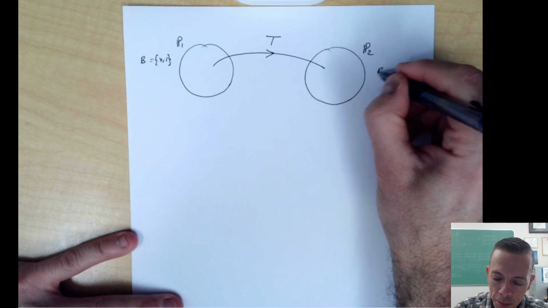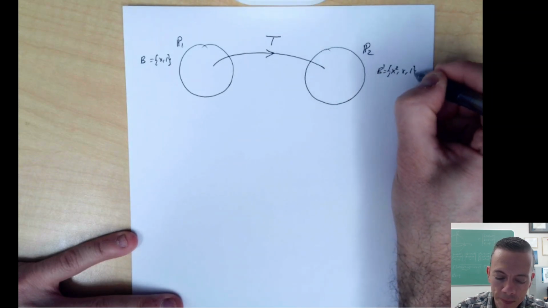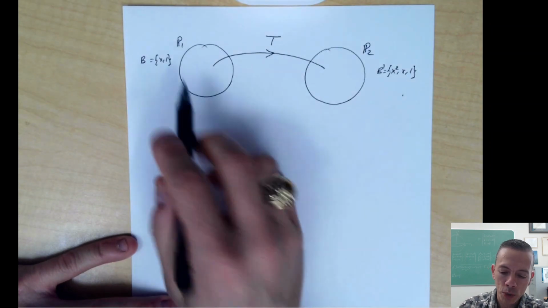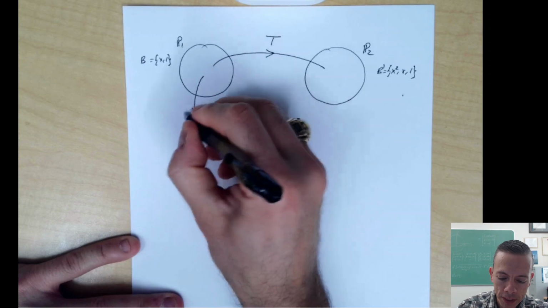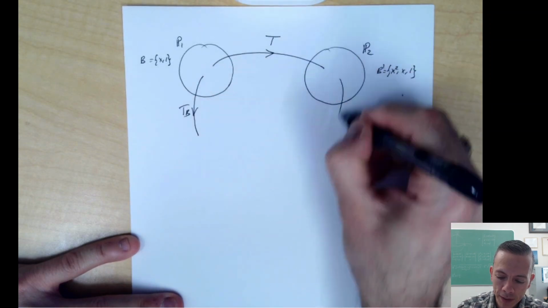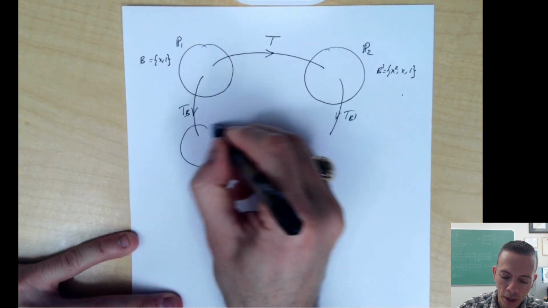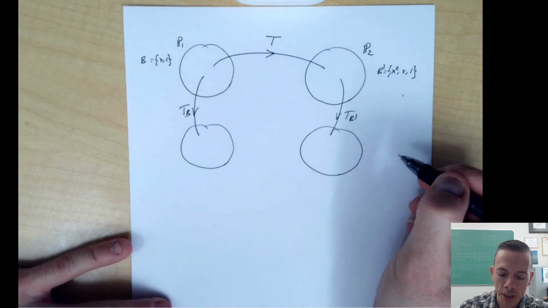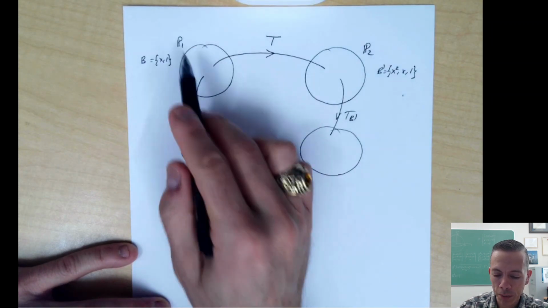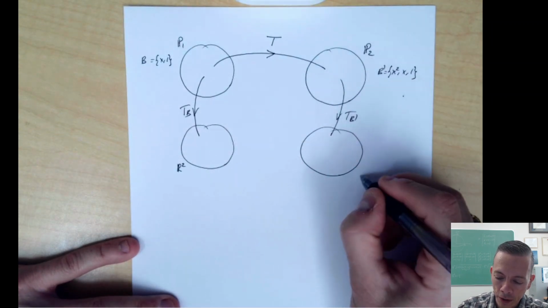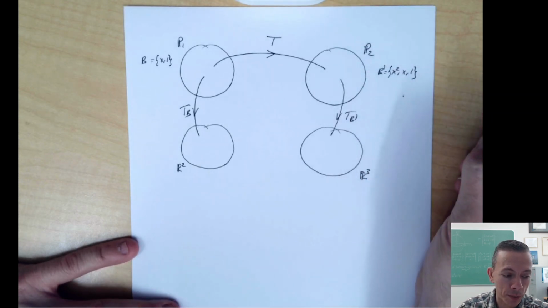The canonical basis b prime for P2 is x squared, x and 1. We use these two bases to define two coordinate transformations, TB and TB prime, which map down to R vector spaces of appropriate dimension, R2 for P1, because P1 has dimension 2, and R3 for P2, because P2 has dimension 3.